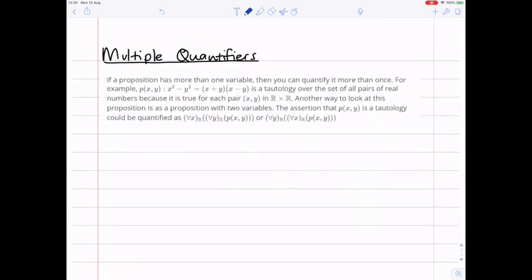A couple slides back, we saw an example which used multiple quantifiers. Just to clarify how these work, if you have more than one variable, you can quantify it more than once. And if you're just using, for example, universal quantifiers, it doesn't matter what order they go in.